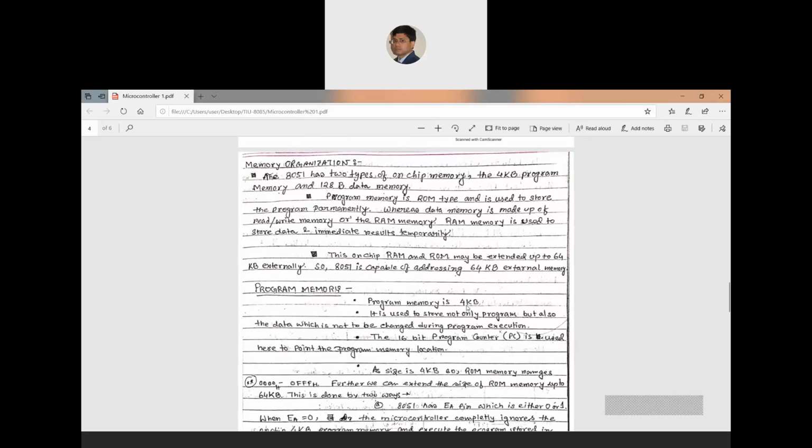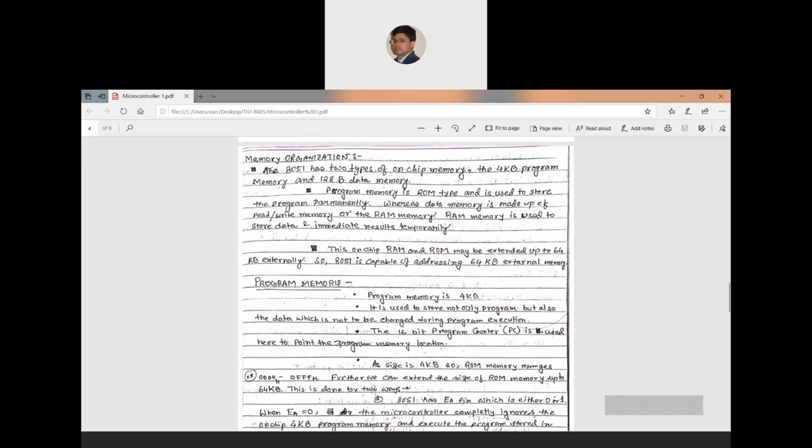So basically we will cover three points. First, the internal structure of the RAM and ROM in the microcontroller. Second, which pins and signals are associated with these RAM or ROM structures to complete the internal operations. And third, how the memory size can be expanded up to 64 kilobytes.